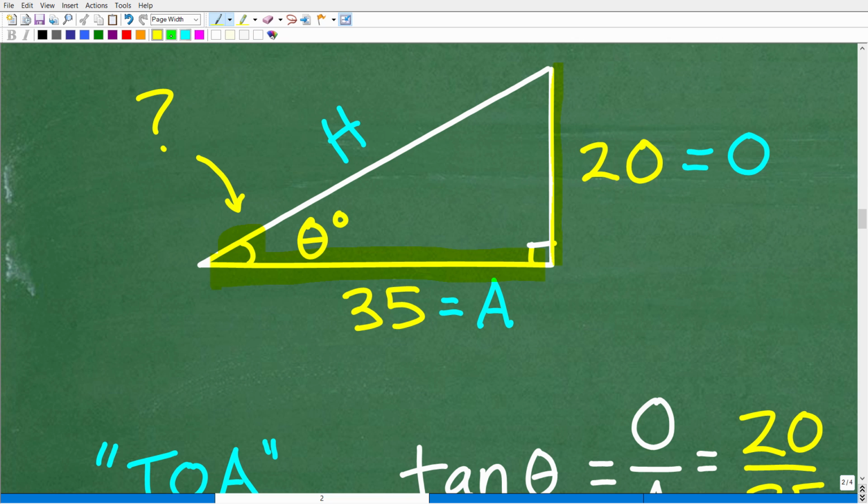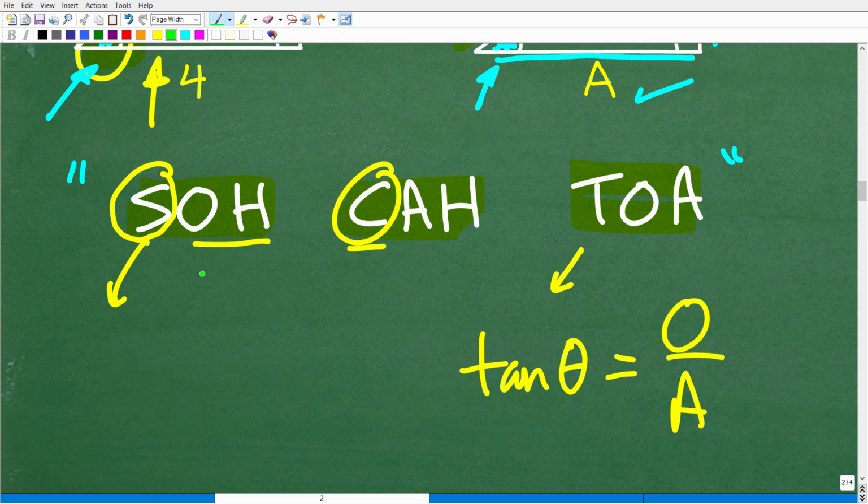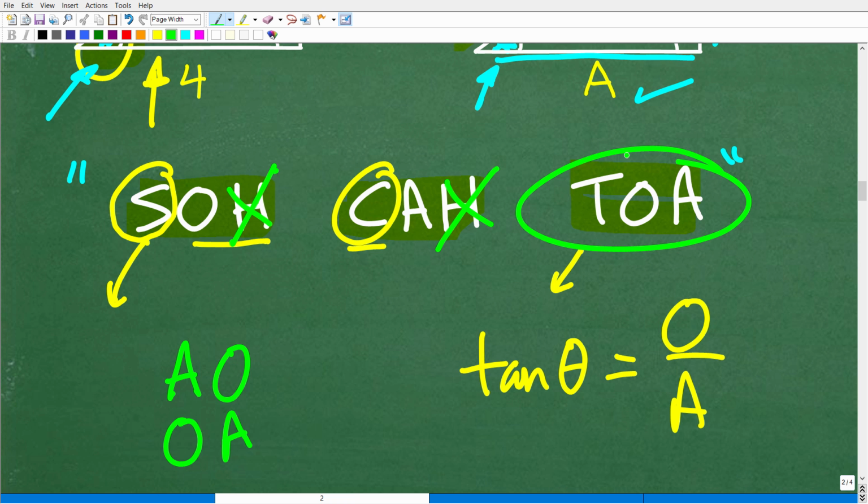So the information that we're dealing with is A and O. We go back to our SOHCAHTOA and ask which one of these has A and O. This one has H, and I don't have H. I could find H, but the sine and cosine have the hypotenuse, while tangent has the O and the A. So let's use the tangent.